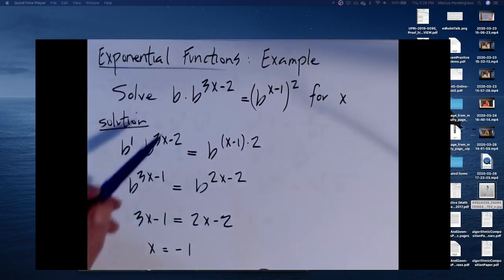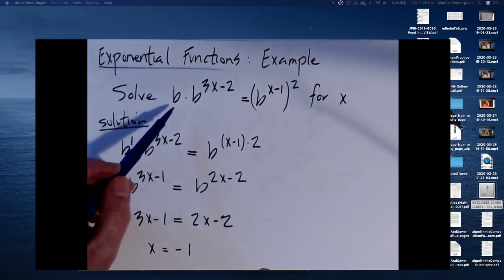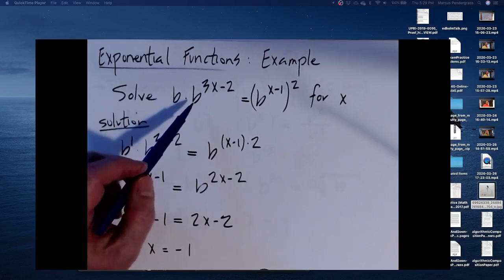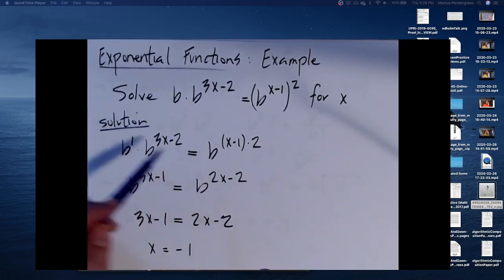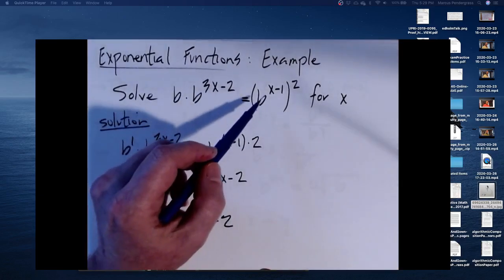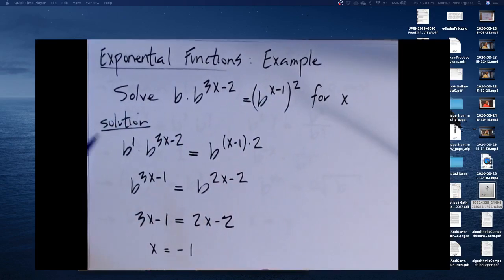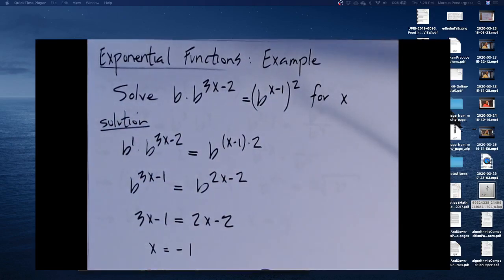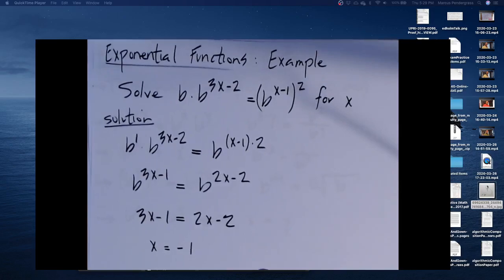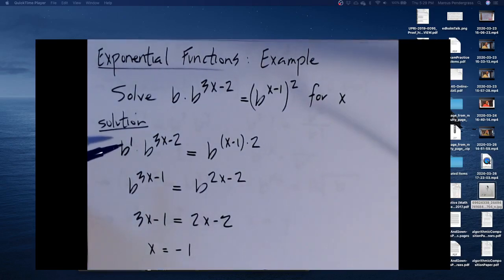Suppose you were asked to solve an equation like this: b times b to the 3x minus 2 equals the quantity b raised to the x minus 1, squared. Suppose we wanted to solve that for x. Well, the first thing to do is to write everything in terms of exponents.